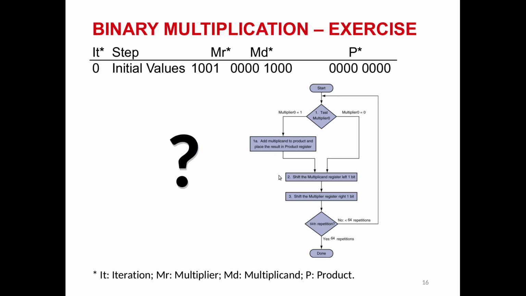You need to apply this algorithm to give the intermediate values for multiplier, multiplicand and product at each step. I will give you the answer here, so you can make reference with your answer to make sure you understand the situation and have the correct answer.